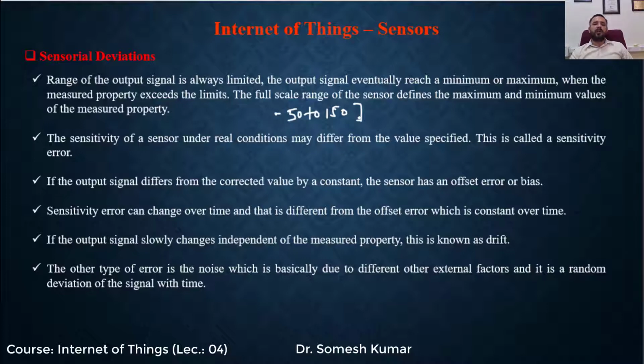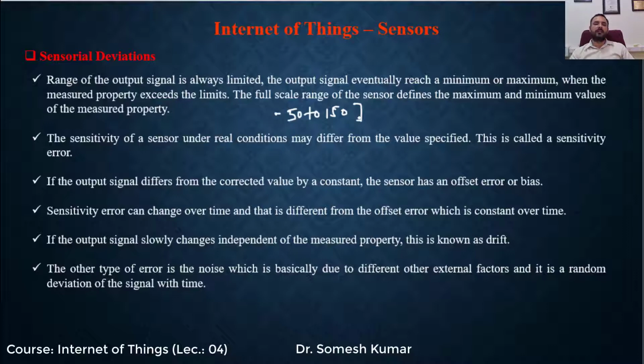Basically there is a term called the sensitivity error. The sensitivity of a sensor under real conditions may differ from the specified value. All these sensors are fabricated under some specified conditions, and in those conditions the values are specified. For example, if at 40 degrees Celsius, when we increase the temperature by 10 degrees Celsius, the resistance increases by 1 ohm, this is only one example.